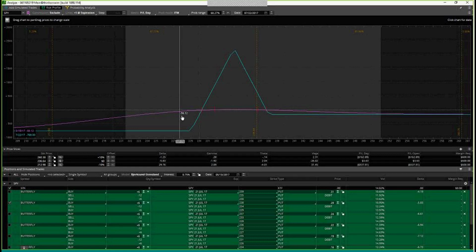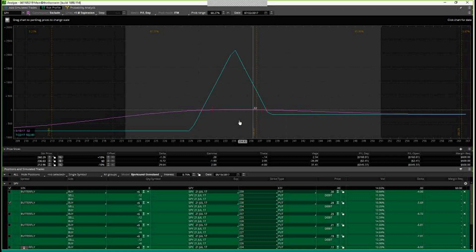If implied volatility moves up, it is basically the same thing as the clock going backwards. A severe drop in implied volatility, we're not talking about skew yet, affects the P&L of your butterfly very similarly to the way it does as if time passes.